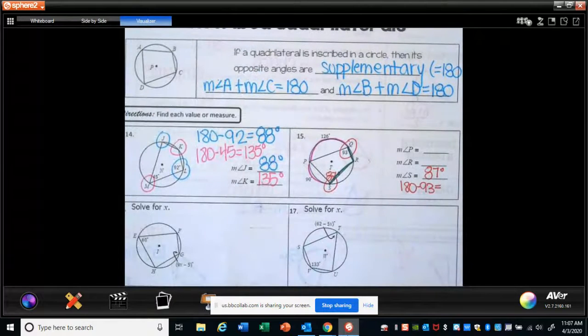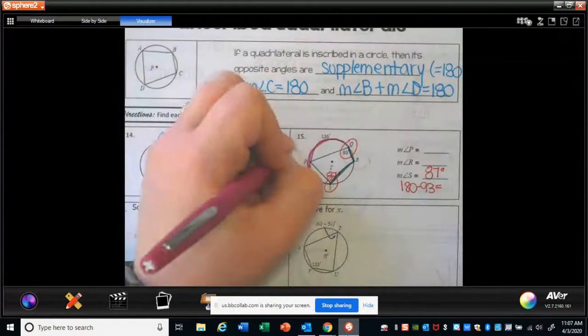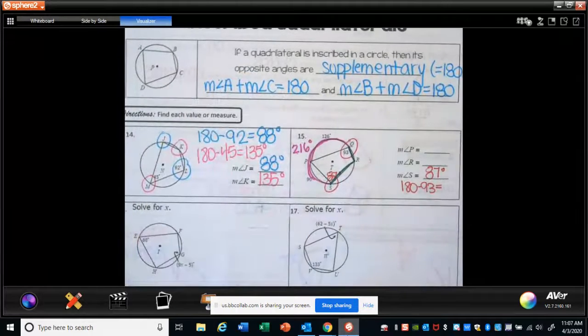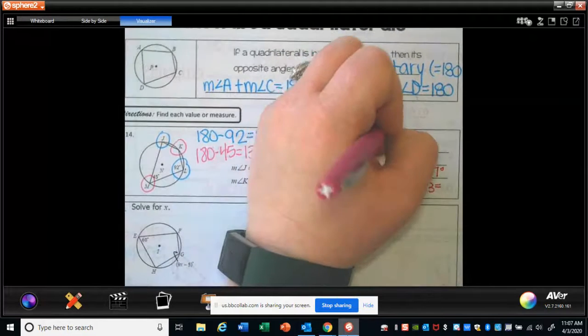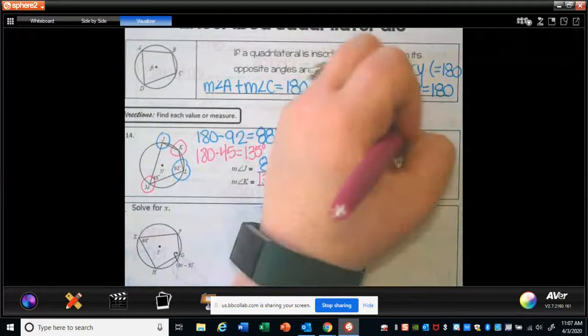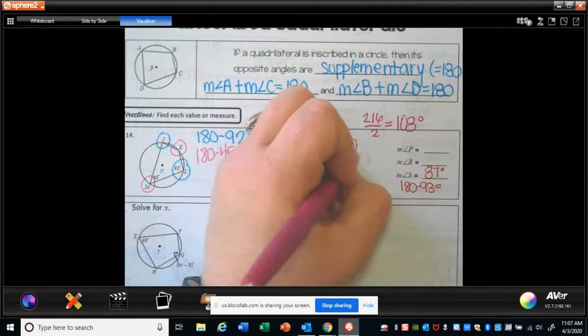So we can add those two arcs together, and those two arcs together are going to give me 216 degrees. And so remember, inscribed angles are always half of its arc. So we're going to say 216 divided by 2, and that's going to give me 108 degrees. And that's going to be the measure of angle R.